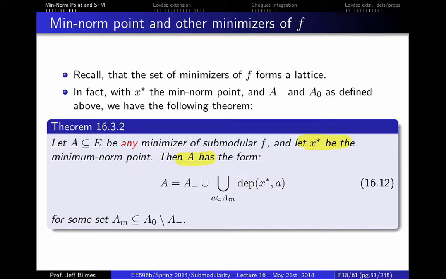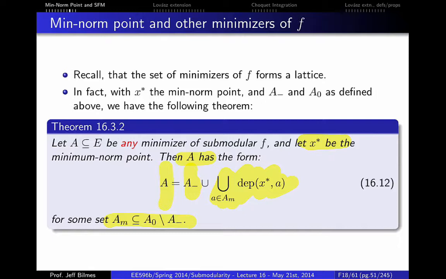So if A is a minimizer, then basically A can be represented as the union of A minus, right? Because any minimizer must have A minus in it. So A minus is the smallest minimizer in the lattice. And then we just union together a bunch more depths, where we're taking A to be equal to A minus union A_m, where A_m is a subset of A naught minus A minus.